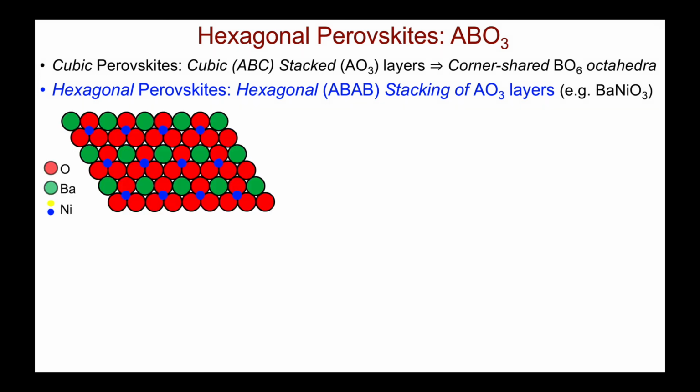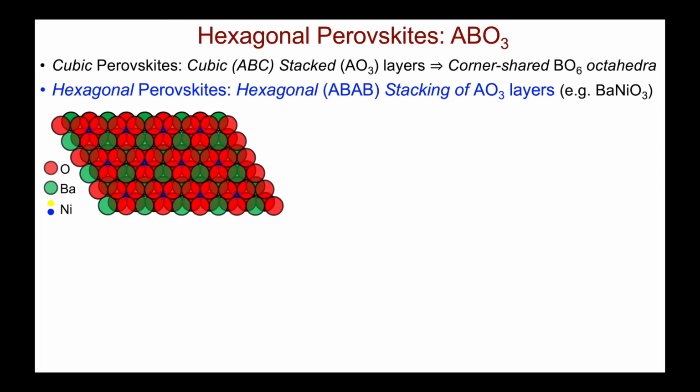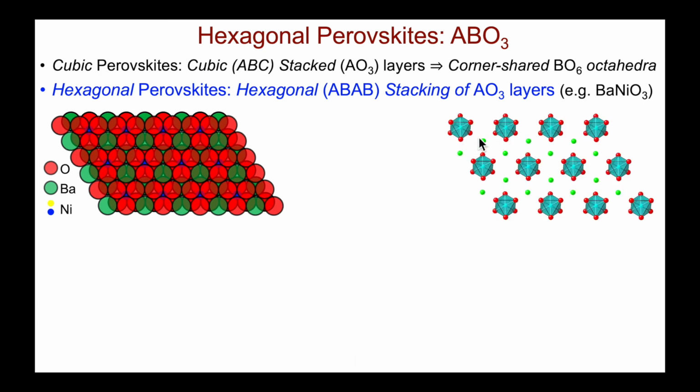In this structure, the arrangement in each close-packed layer is the same as before, with the second close-packed layer completing the octahedral arrangement of the smaller B cation, clarified here in our polyhedral view.